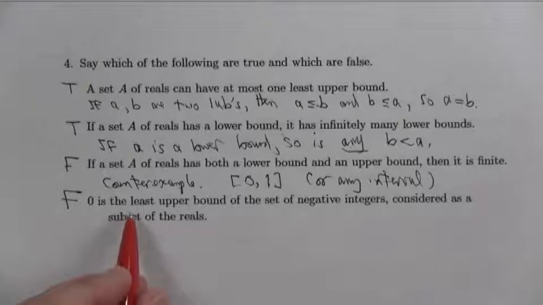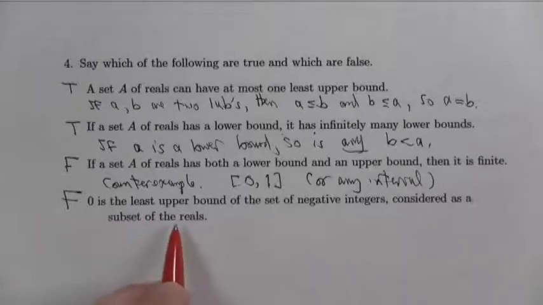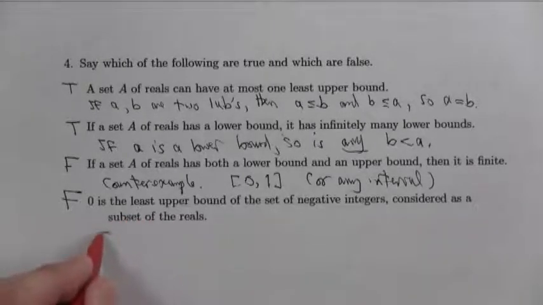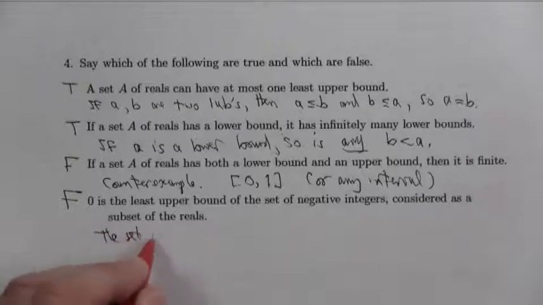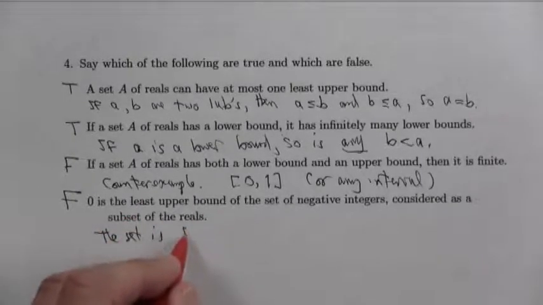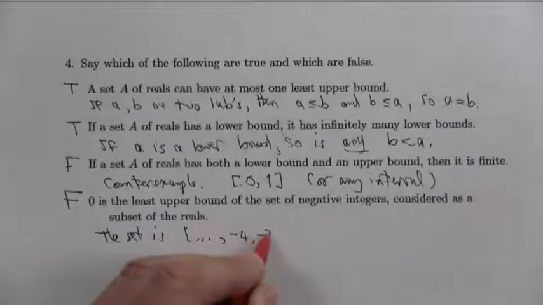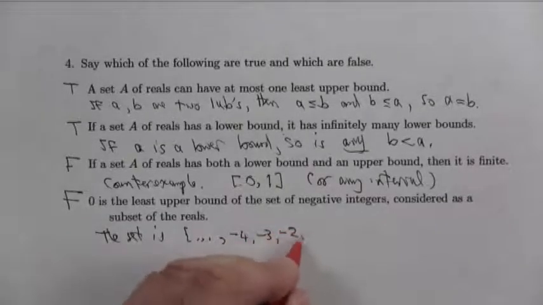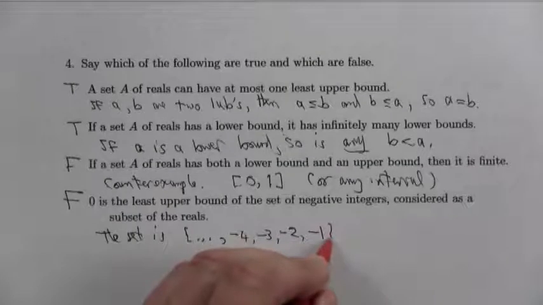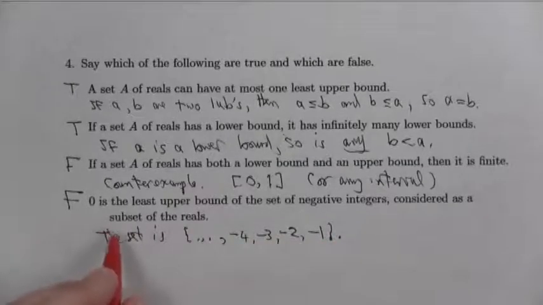Okay, 0 is equal to the least upper bound of the negative integers, considered a subset of the reals. Well, what's the set? The set of negative integers, it's dot dot dot, minus 4, minus 3, minus 2, minus 1.